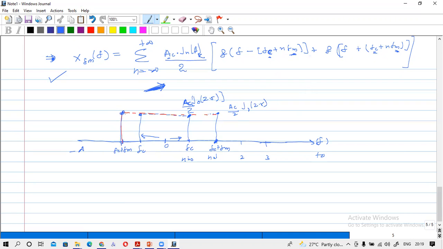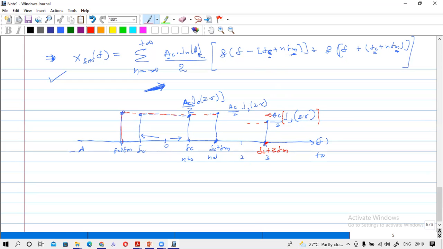If I find the n equal to 3 value, I will have AC by 2 J3(2.5). You can find this value using the Bessel function table, and we know this AC also. And what is the value here? n is equal to 3, so it is fc plus 3fm.